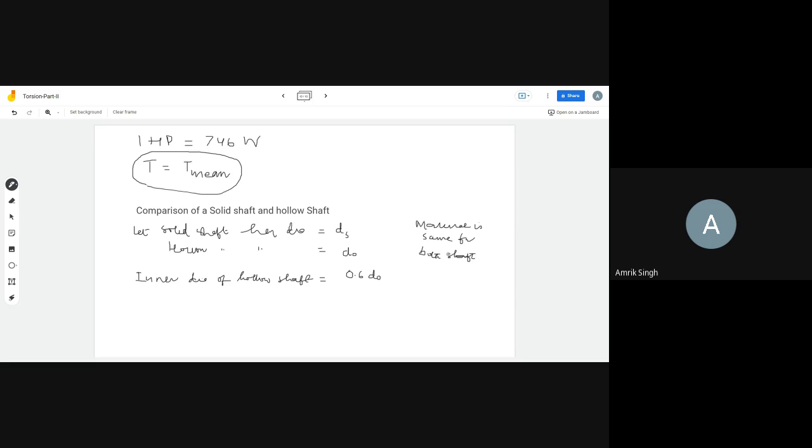Also it is given that P is the power to be transmitted, T is the torque, N is the RPM of the shaft, and the length is also the same.